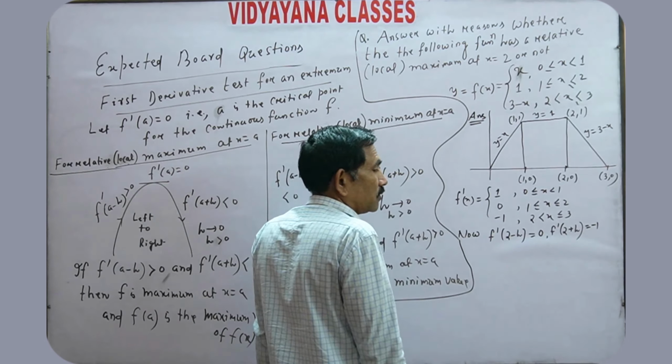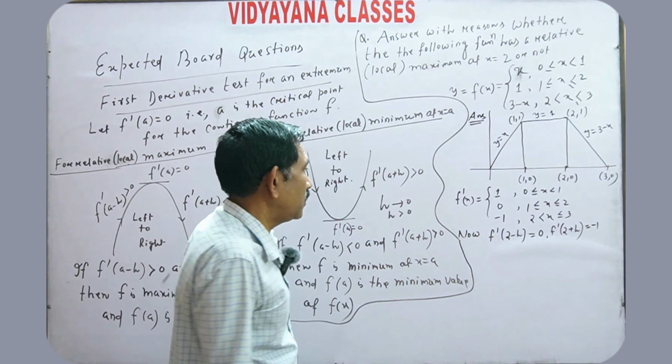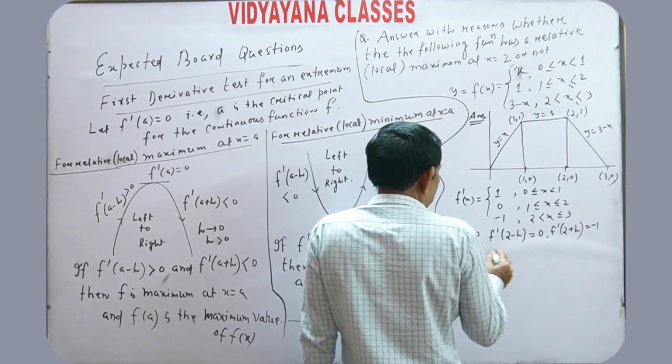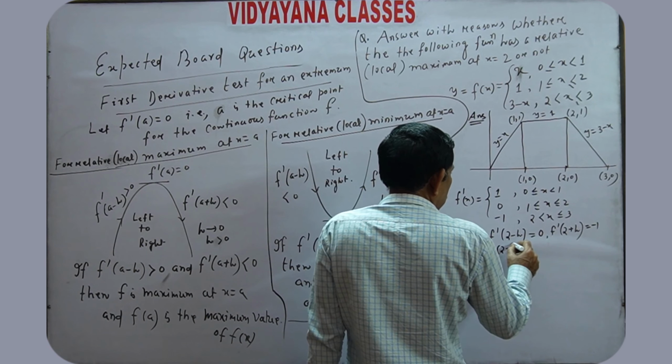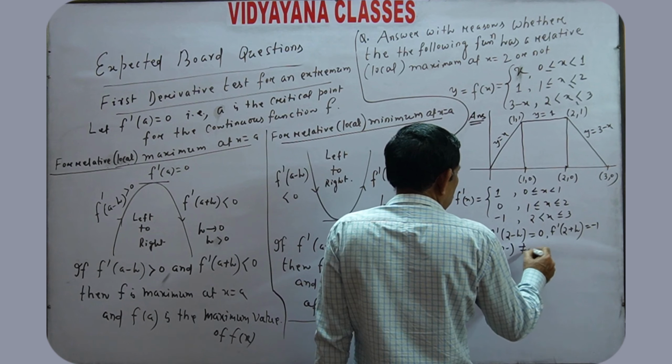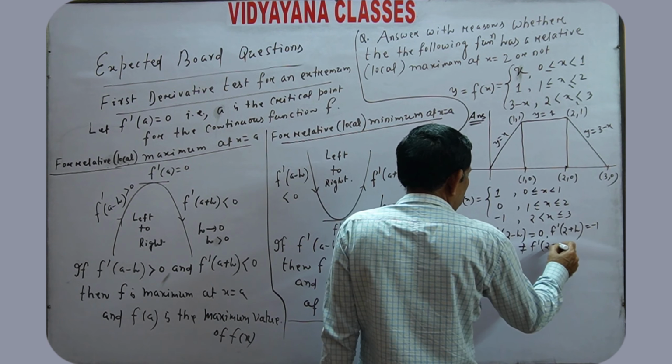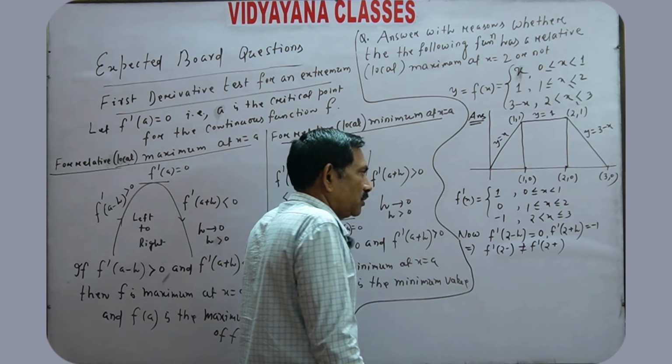Clear? f'(2−) is not equal to f'(2+), where 2+ means 2 + h.